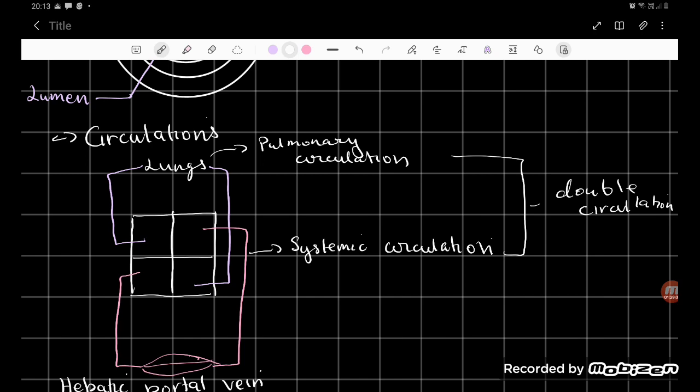There's not much going about that. So technically in the hepatic portal vein what happens is, instead of all going and draining into this thing, all absorbed food is brought to the liver.